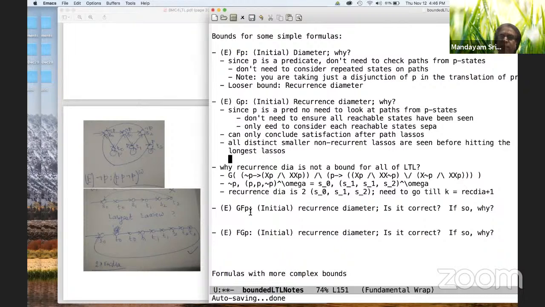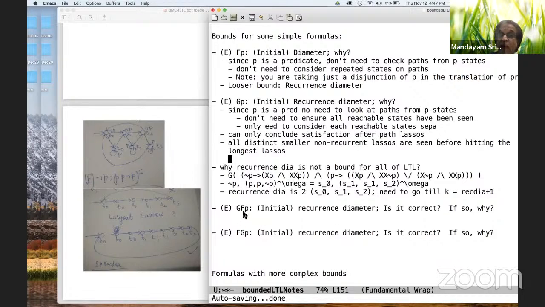Let's suppose that the recurrence diameter is not enough, that the minimum path that you require to show as a witness to this is longer than the recurrence diameter. Why would that happen? Because you have a path on which all states are different.